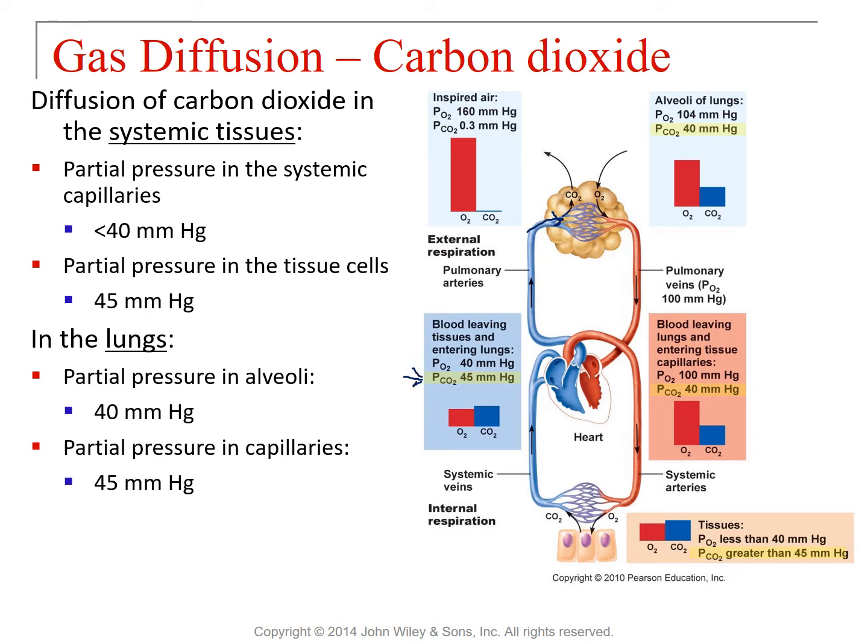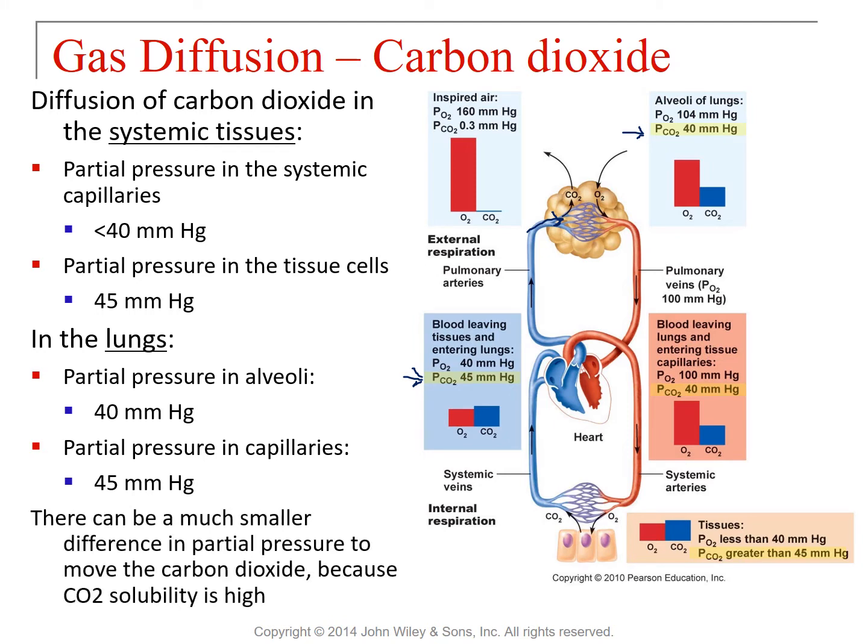The PCO2 of the air that's present in the lungs is going to be about 40. So there's just a 5 millibar difference in pressure, yet the CO2 will move from that deoxygenated blood into the airspace of the lungs.